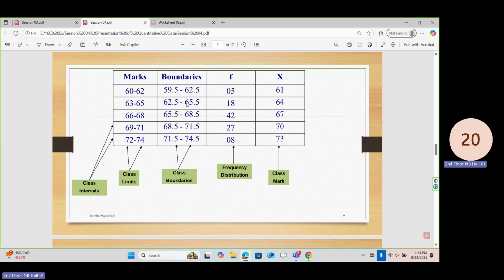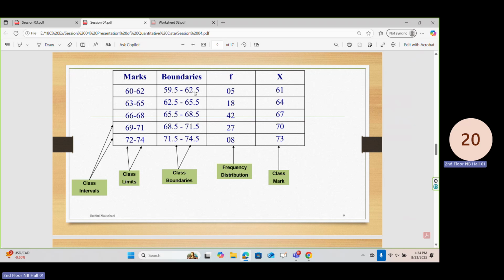How do we convert the class limits to class boundaries? We adjust by 0.5. Here we take the first one, 60 to 62. We remove 0.5 from the lower limit and add 0.5 to the upper limit. Remove 0.5 from 60. What is the answer? 59.5. Then add 0.5 to the upper class limit 62.